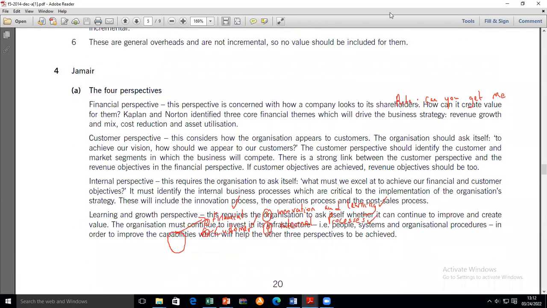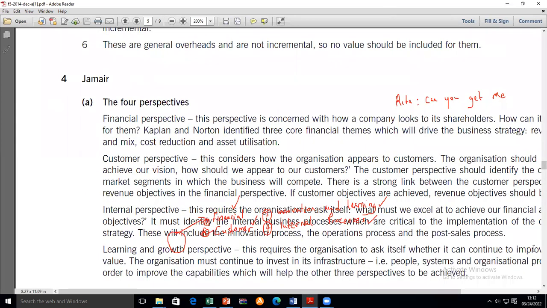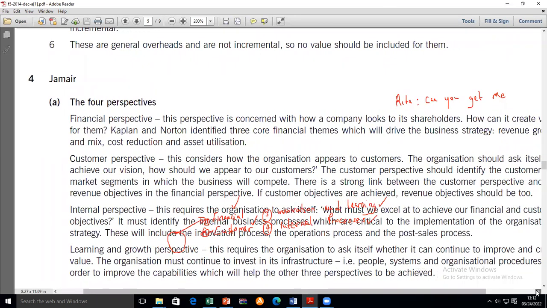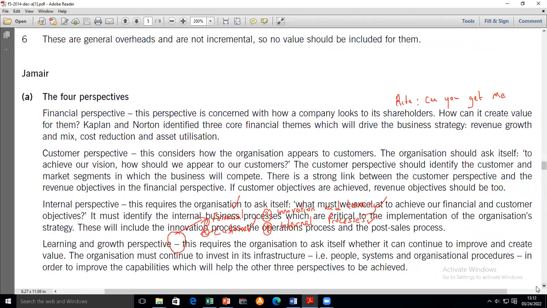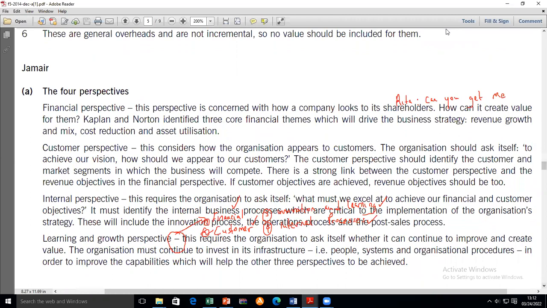Okay, so let's zero in on this. Number one, let's start with the financial perspective. What question do you want to answer under the financial perspective?